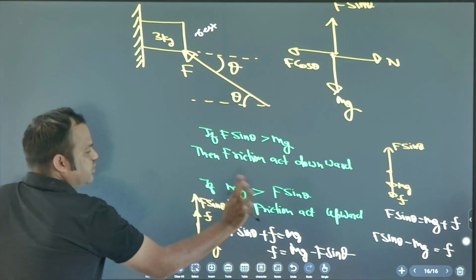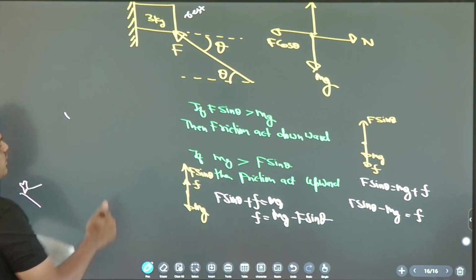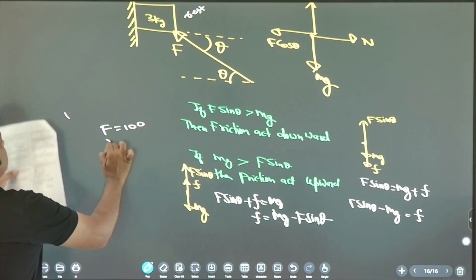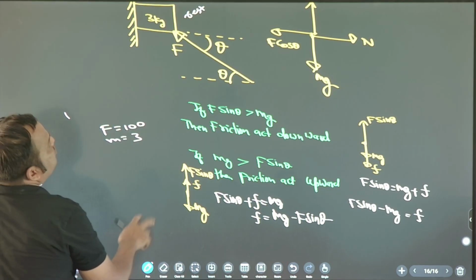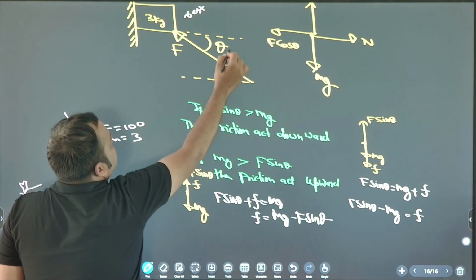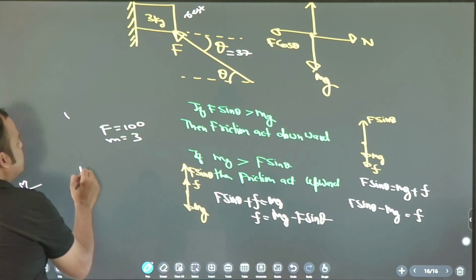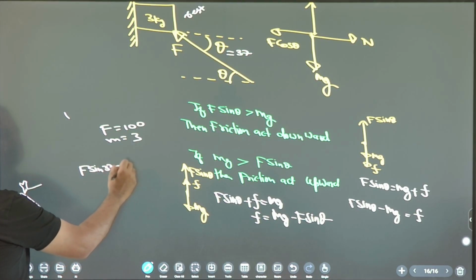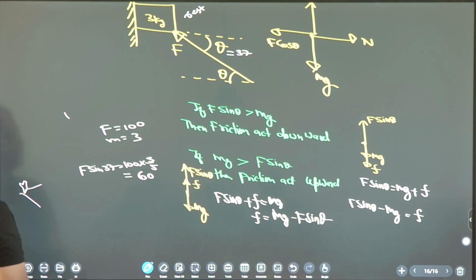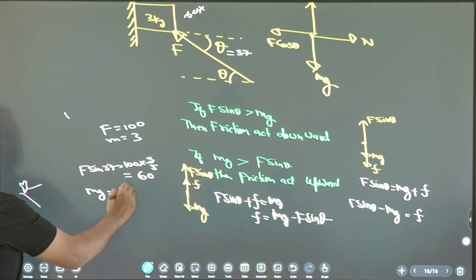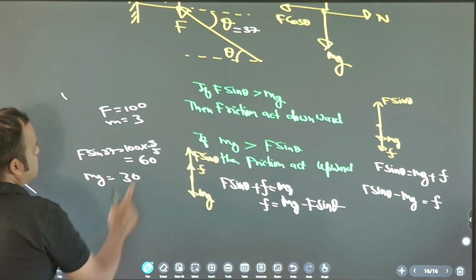Okay, so we understood the concept, correct? Suppose f value is given here 100. F is 100, m is given 3. Suppose theta I am giving, let's take theta as 37. So what is f sin 37? 100 into 3 by 5. So 60. And mg how much? 30. So which is greater? 60 is greater.